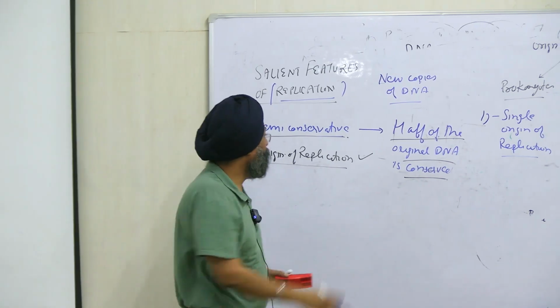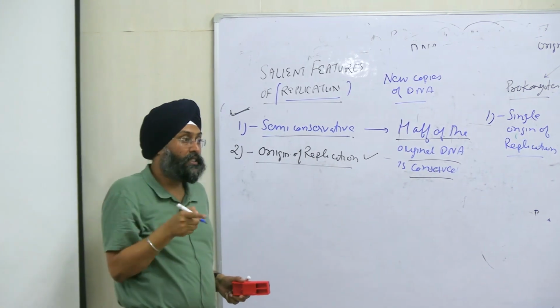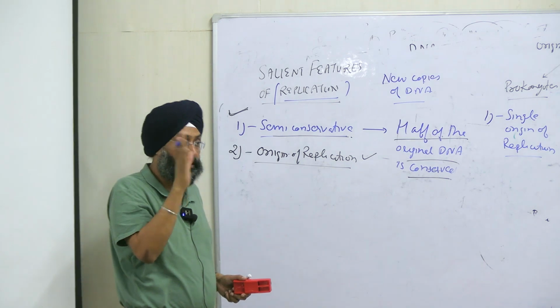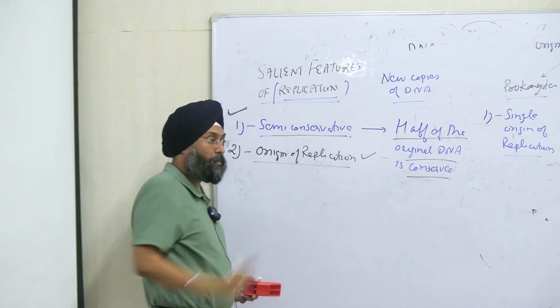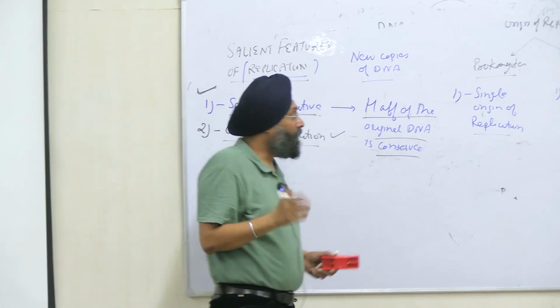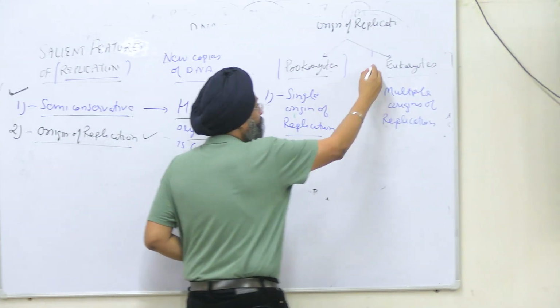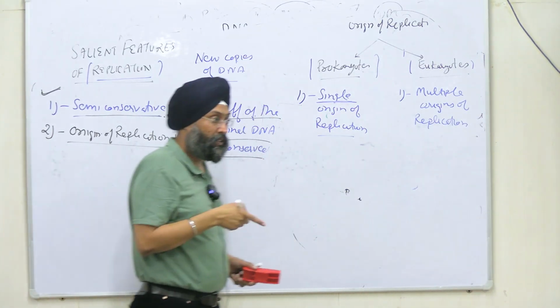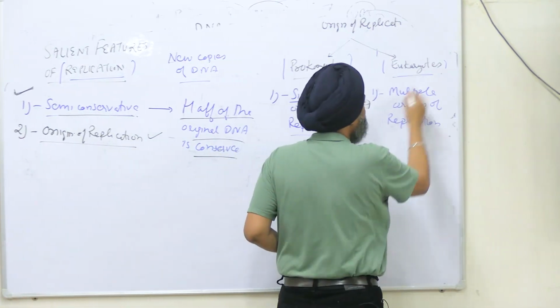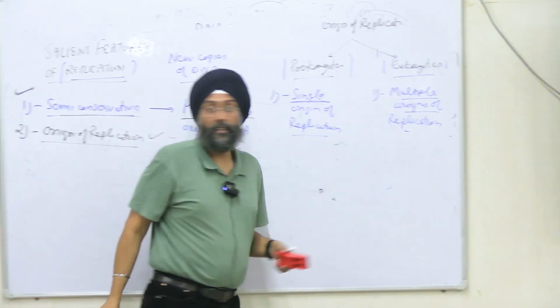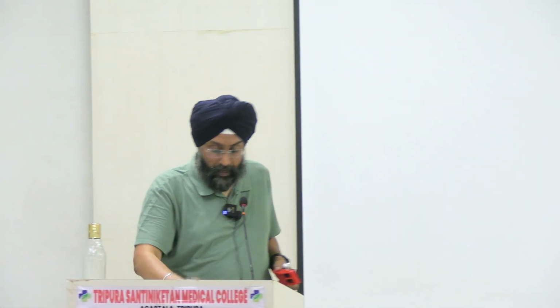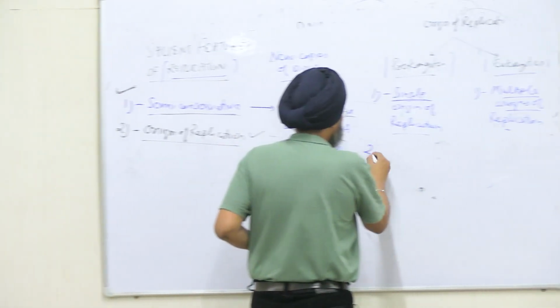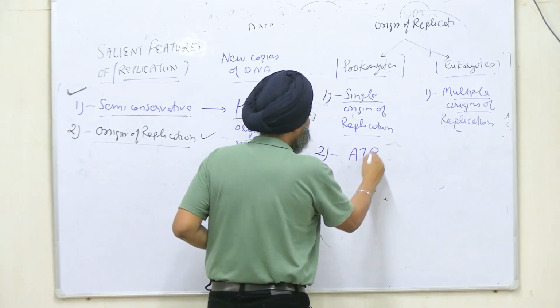Clear? The first rule was that DNA replication is semi-conservative, that means half of the original DNA is conserved. Now coming on to origin of replication, the origin is different in prokaryotes and eukaryotes. In prokaryotes, there is only a single origin point of replication, and in eukaryotes, there are multiple regions of replication, right? And now, the point at which replication starts is highly rich in AT-rich base pairs.